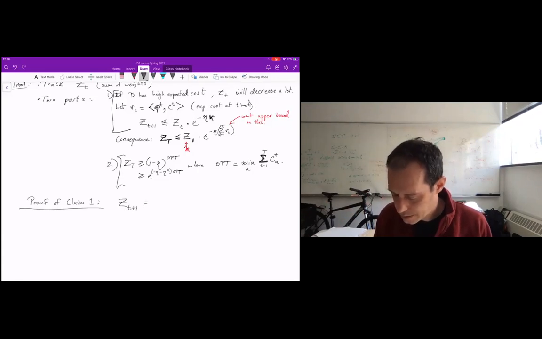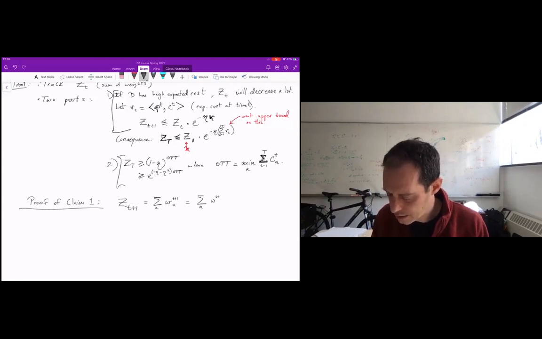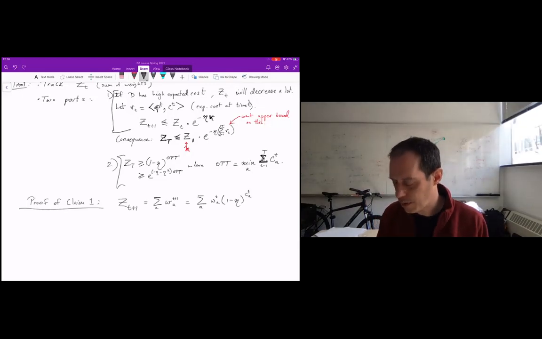Well, this is just the sum over actions of the weights of the actions at time t. And that's, by definition, the sum over the actions of the weight at time t times 1 minus eta times the appropriate entry of the appropriate cost vector at that time.